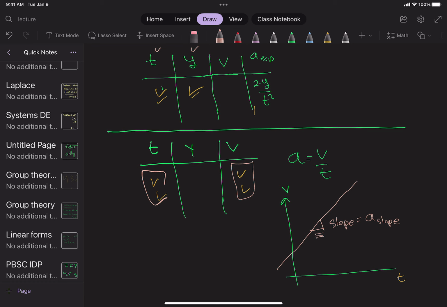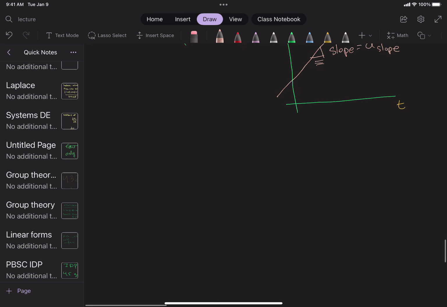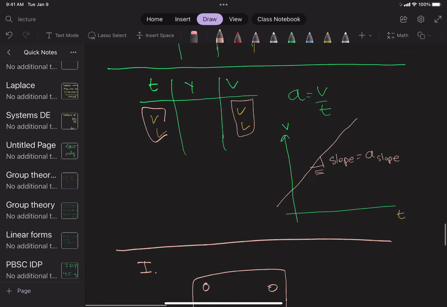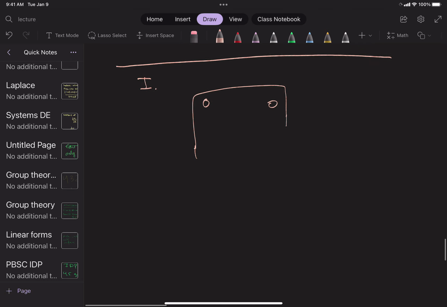The lab is going to have 2 different parts. In part 1, you're going to have the pulley and the 2 masses, and you're going to do these steps here.